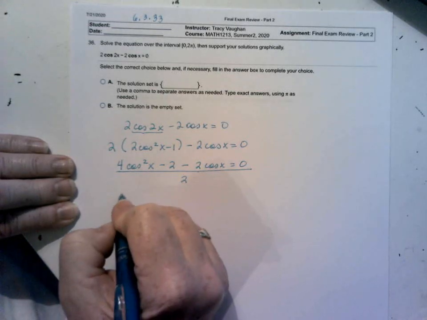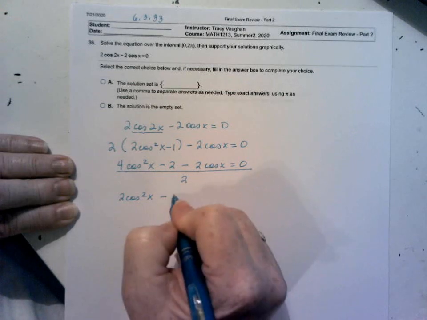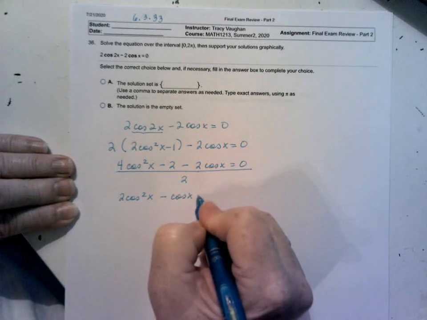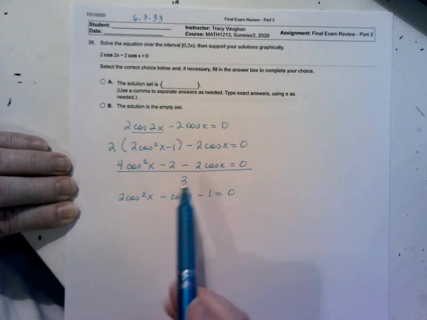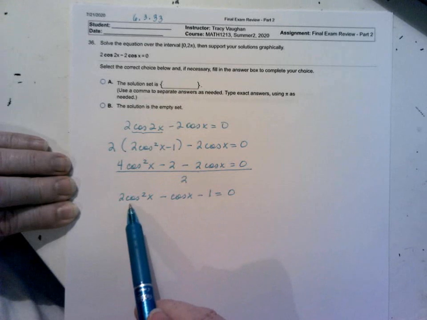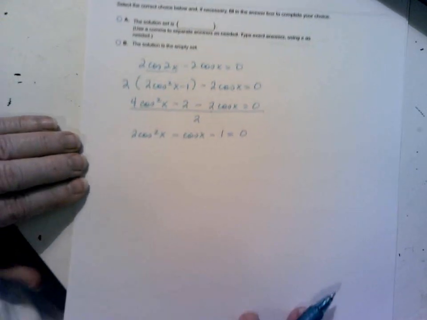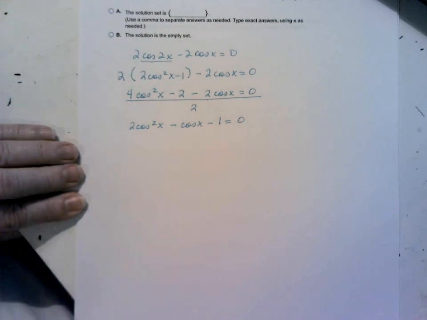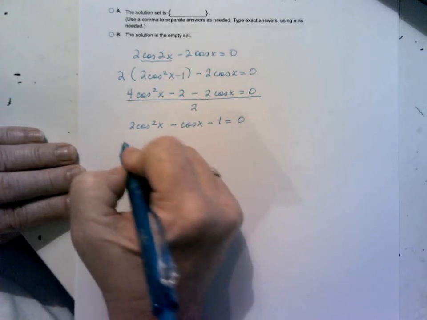And that would give us 2 cosine squared x minus cosine x minus 1 is equal to 0. I just switched the cosine x and the constant term because I like to go in descending powers of my unknown. So we've got 2 cosine squared x minus cosine x minus 1 equals 0, which I think will factor.